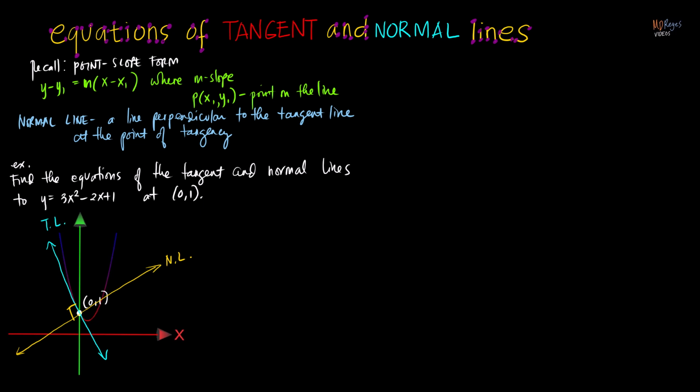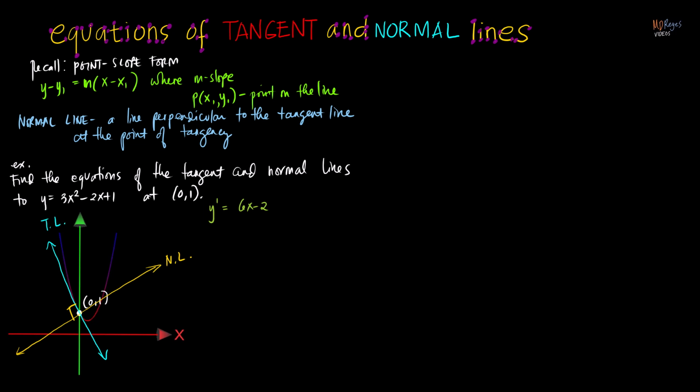Alright, so we already know that if we differentiate the function y equals 3x squared minus 2x plus 1, the first derivative can be interpreted as the slope of all the tangent lines to the curve. So in this function, y prime is equal to 6x minus 2.